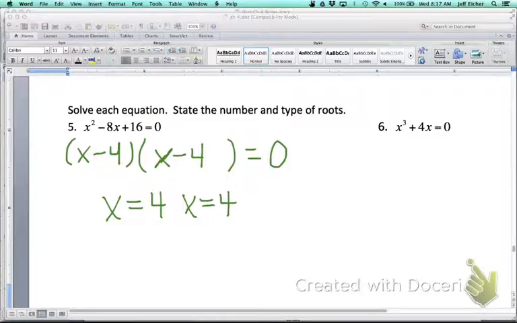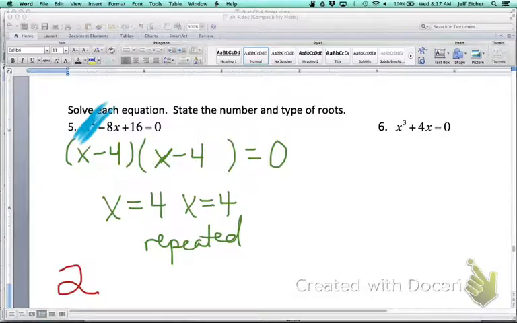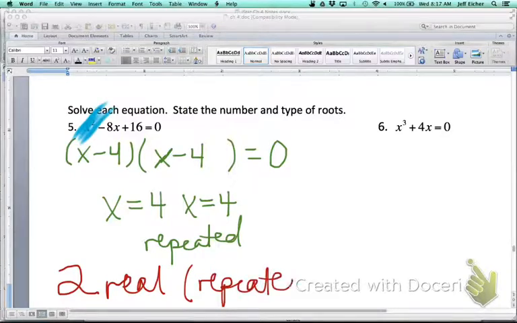Notice this is a repeated root or a double root. Based on the degree, you would expect 2 roots. So we have 2 real number roots, but it was a double root or a repeated root.